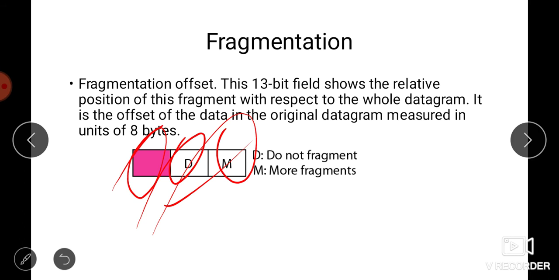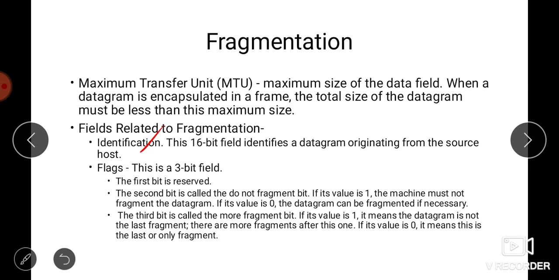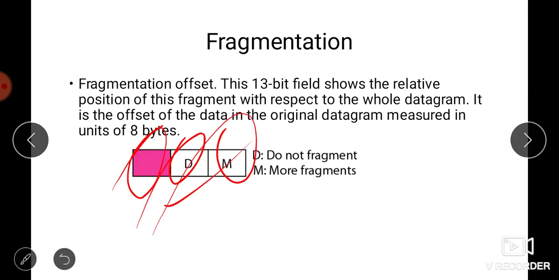If you are giving the number of the datagram, that is basically this identification field, and this fragmentation offset is nothing but, see, if 23 is the id of the datagram, you can divide it into 4 parts. So 0, 1, 2, 3, so first one is 0, then 1, then 2, then 3.